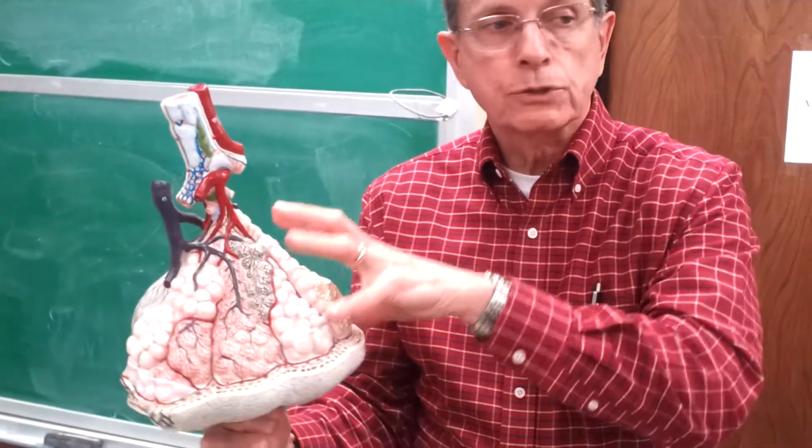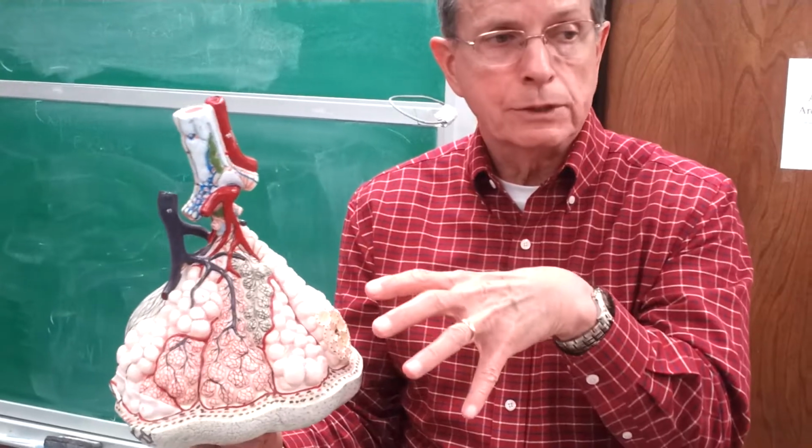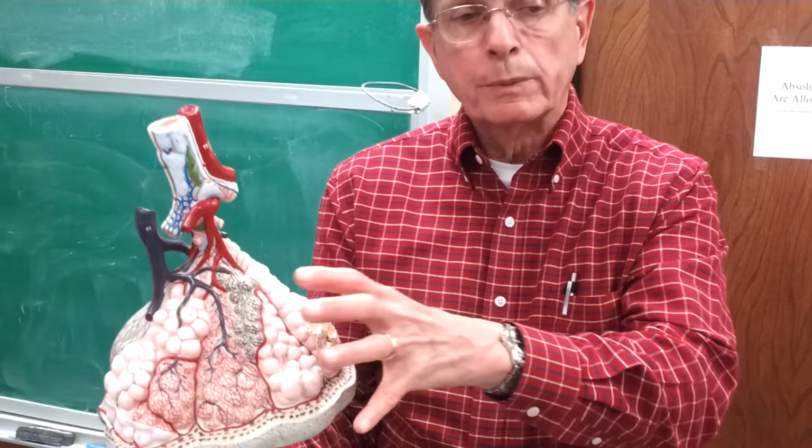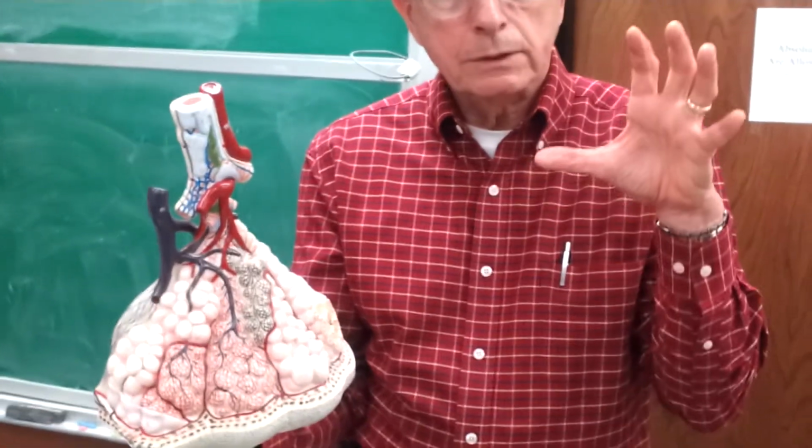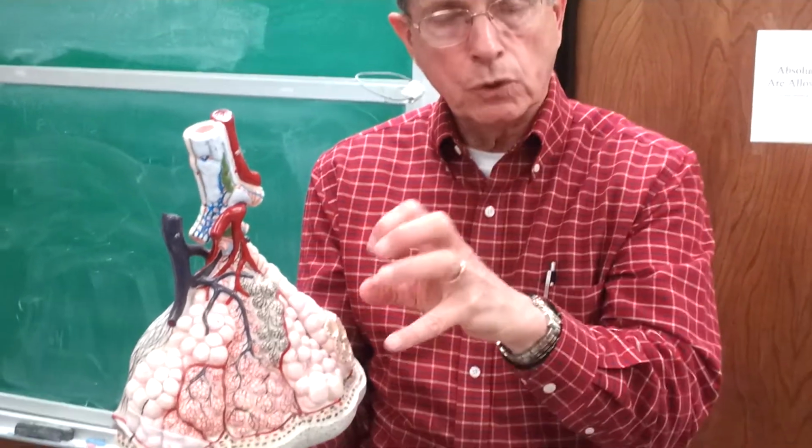When we breathe in, these elastic fibers are stretched. And when we relax and breathe out, they recoil and help to move air out of the lungs. You don't have to say anything about elastic fibers when you're talking about this model, though.